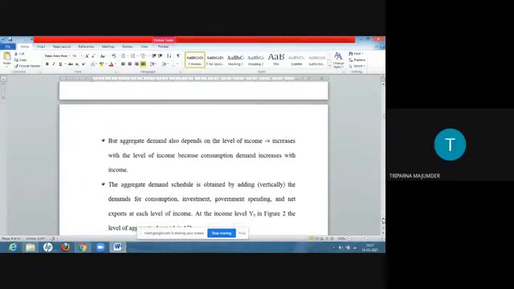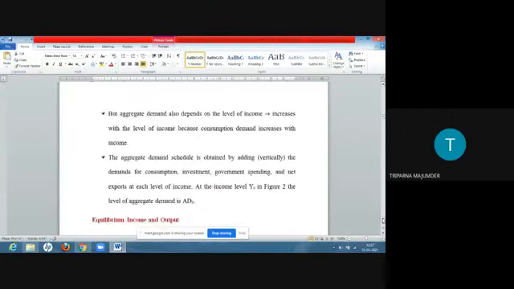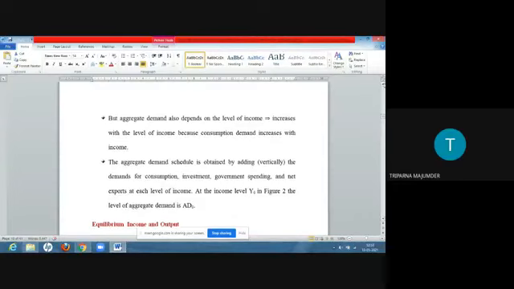The aggregate demand schedule is obtained by adding vertically the demands for consumption, investment, government spending, and net exports at each level of income. At the income level Y0, in the above figure, the level of aggregate demand is AD0.